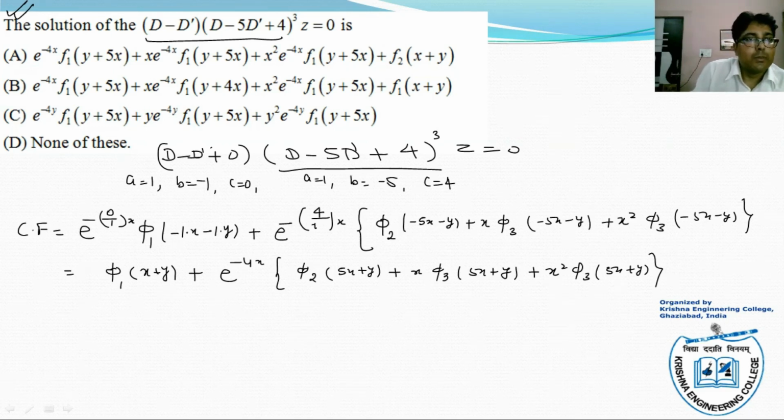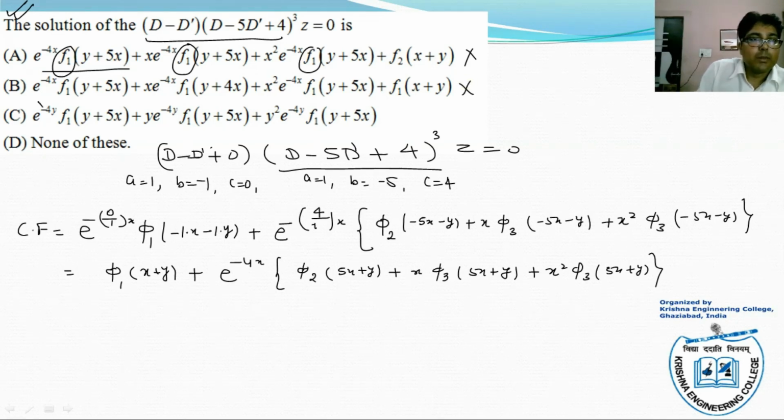The option e^(-4x) is not correct. The functions phi 1 and phi 2 are the same function here. This is not the correct answer option.